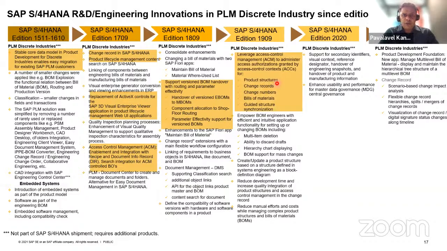As a part of 1909, access control management was further extended for product structures, change records, change numbers, bill of material, and guided structure synchronization. Access control management has been improving across multiple S4 releases so that all R&D related information is safe and secure and accessible only to the respective people.